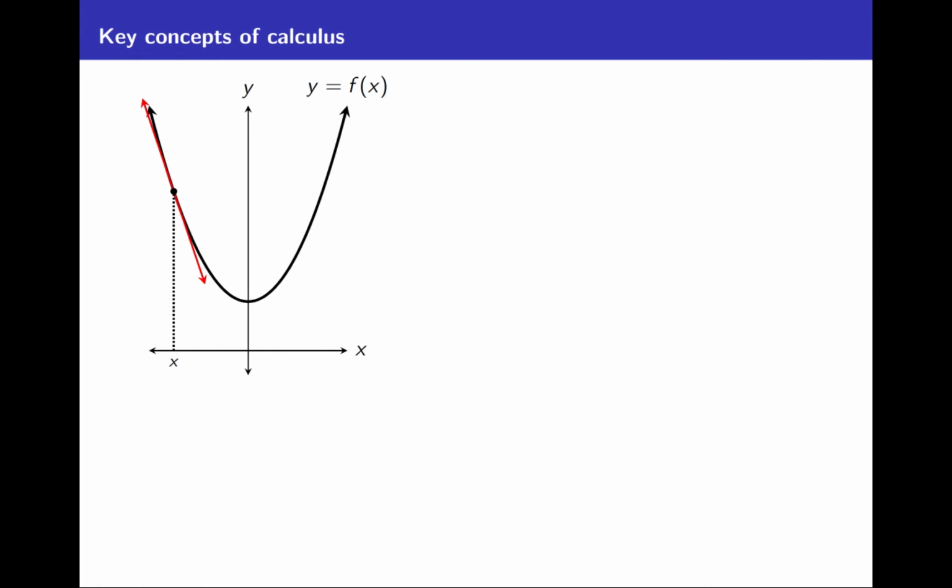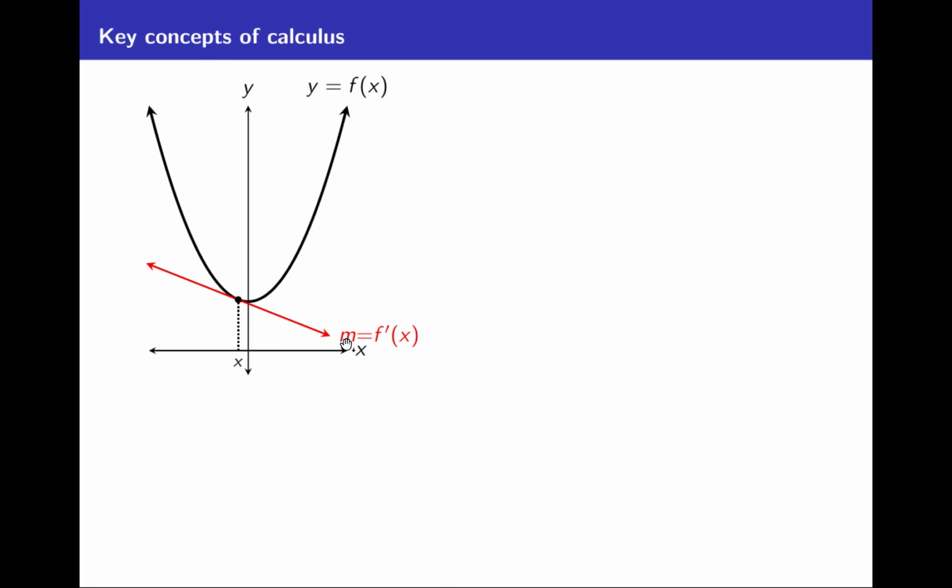Of course, there's nothing special about this particular value of x. I could choose a different x and get a different tangent line. So notice that for these values of x, the tangent line above x has negative slope, but as x increases, that slope is getting closer and closer to 0. So the slope of the tangent line depends on the value of x.